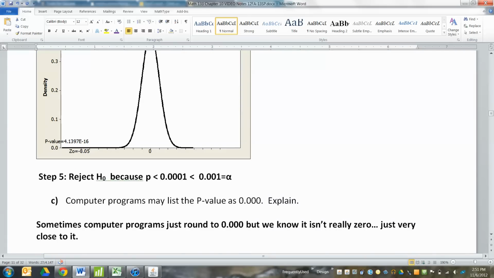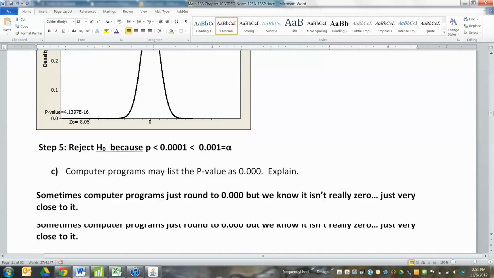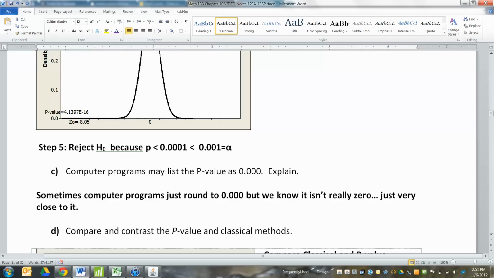All right? So some computer programs list it as 0.000. Minitab will do that sometimes. Or sometimes they'll say, like you saw in StatCrunch, just less than 0.0001, right? So you have to know that it isn't really 0. It's just close to it.